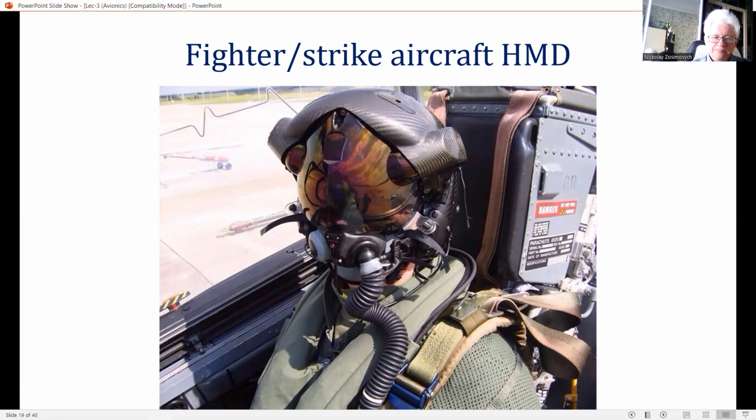Helmet weight must be kept to a minimum because of the load exerted on the pilot's head during high G maneuvers. A lower weight HMD system can be achieved by the use of the visor projection system in conjunction with a high-efficiency optical design.